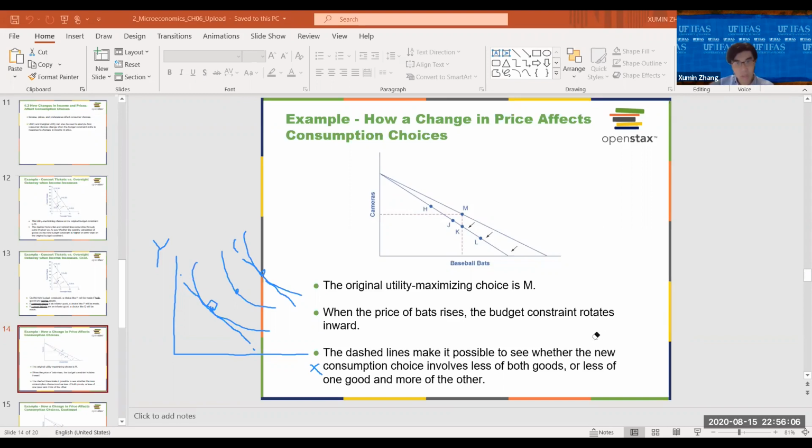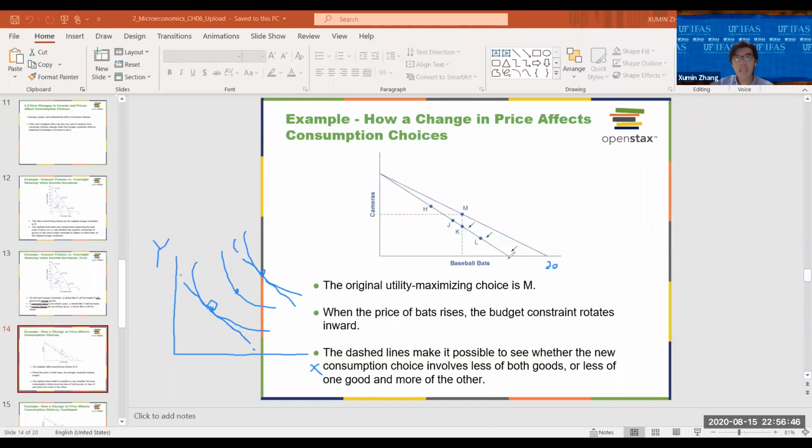Why inward, not outward? I'll use a very simple way to tell you. If we have the same money, the same income, we can buy this much. I don't know exactly because it didn't give us any quantity, right? So, for example, this is 20. Just assume this is 20. If I spend all my money, I can buy 20 bats.